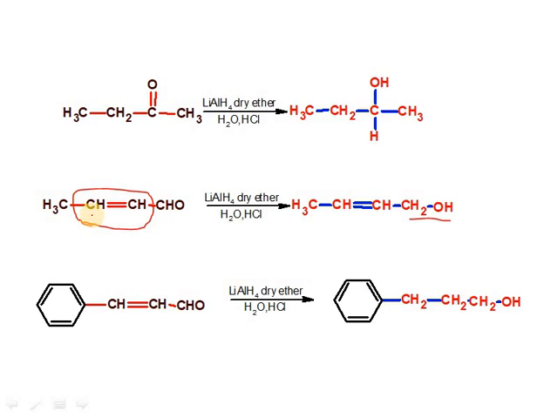If the carbon-carbon double bond is attached to a methyl group, lithium aluminum hydride does not reduce the carbon-carbon double bond; it only reduces the carbonyl group to the corresponding alcohol. But when a phenyl ring is attached to the alpha beta unsaturated system, lithium aluminum hydride reduces the carbon-carbon double bond as well as the aldehyde group to the corresponding alcohol.